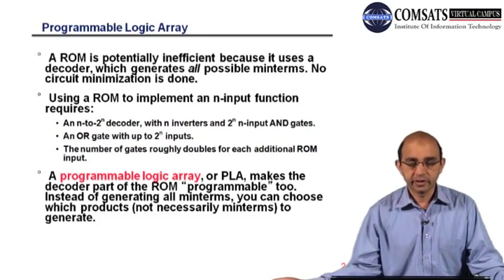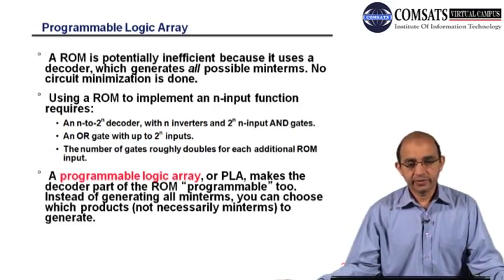So let's take an example. Here we have to implement a ROM, and there are n input functions. So we definitely need a decoder for addressing, and the length of the decoder is 2 raised to power n. What we are doing over here is replacing that decoder with something else.